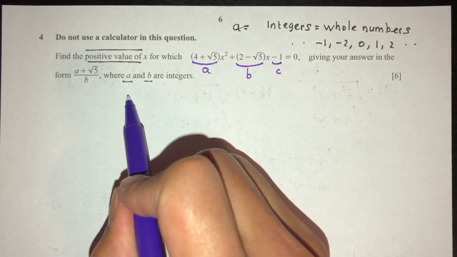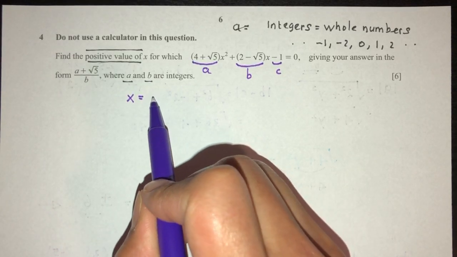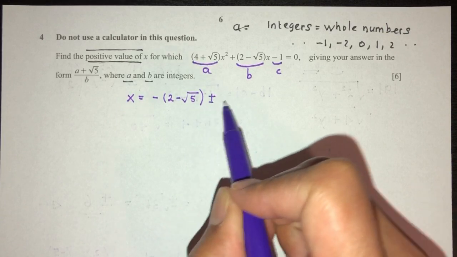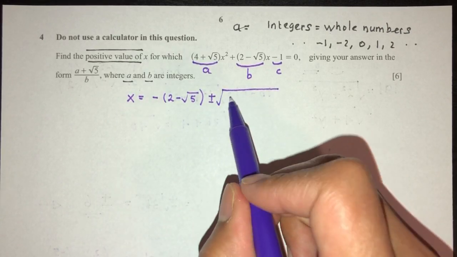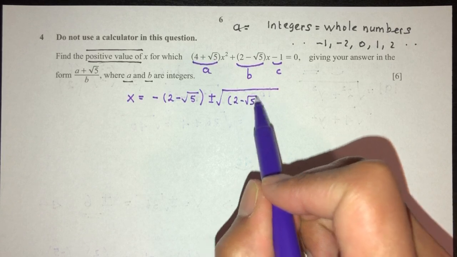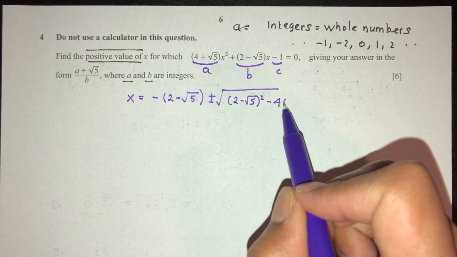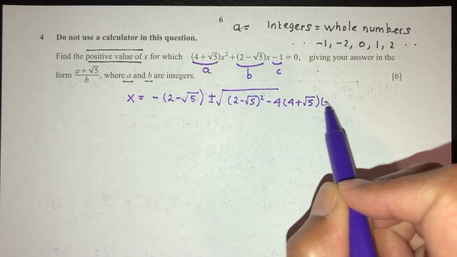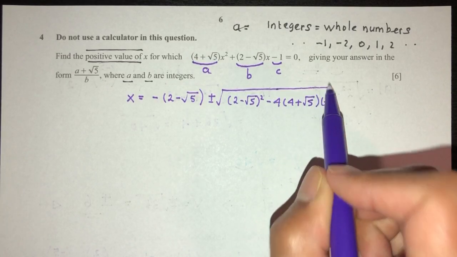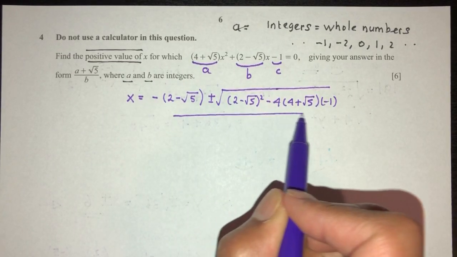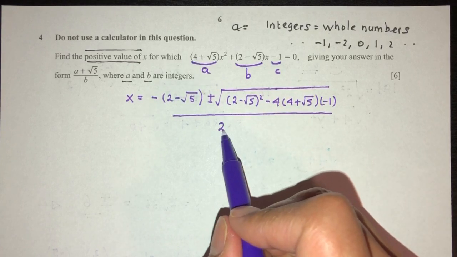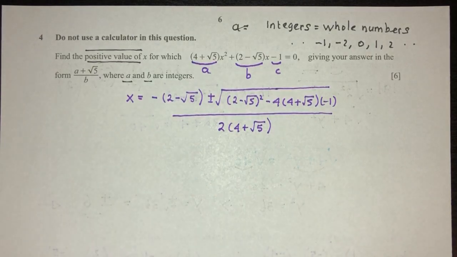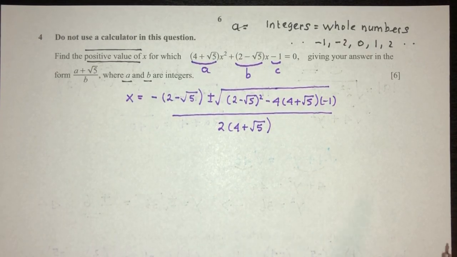So we have to use x is equal to minus b plus minus root of b squared minus 4 times a, which is this one, and times c, and all this divided by 2a. 2a will be 4 plus root 5. Okay, so let's simplify step by step.